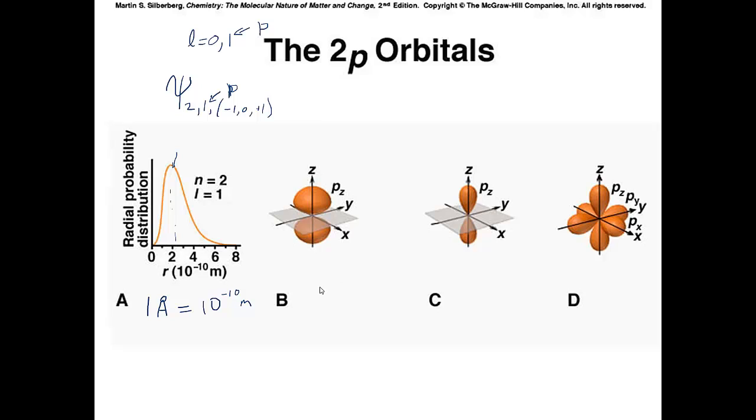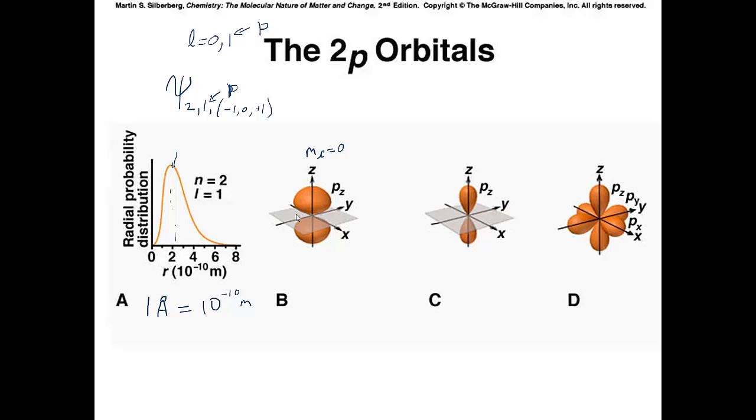All right, so what do these p's look like? Here's one of them. This is actually for the one with m sub L equaling 0. And this is what the shape really looks like. Kind of this squashed balloon. It's a little bit flatter on this side. It's kind of bowed out on this side. And it's shish kebabbed by this z-axis right here. So we have to give directions when we're talking about the atom.